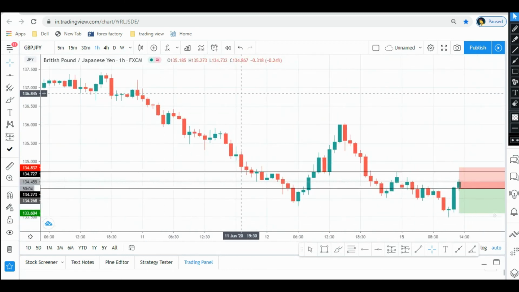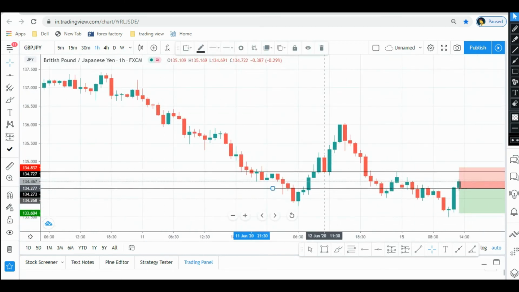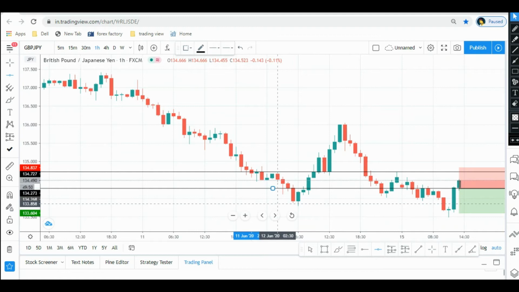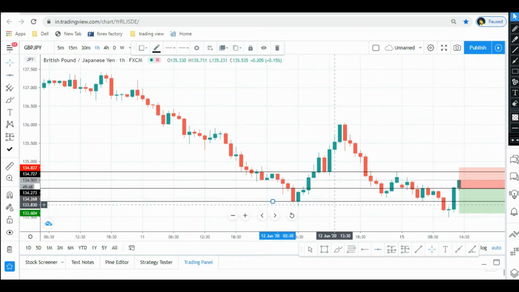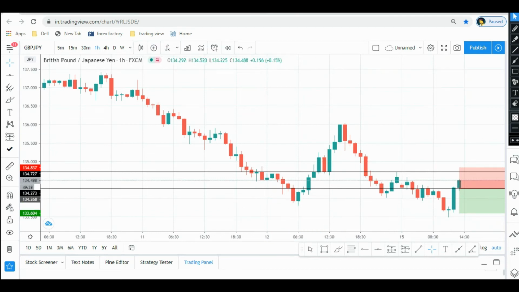As I said, let me mark it, this particular area acted as a support, which is broken out by this candle. As I said, I have to find the nearest resistance to place a sell order. So this is the nearest resistance.